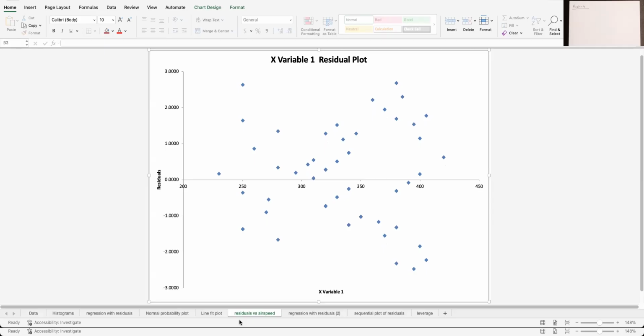These errors should be independent. There's a random chance of being up or down. If they made some sort of fan shape, whether that was going from left to right or right to left, some sort of expansion or contraction, the technical term for this is heteroscedasticity. I have never used that word outside of this one day in class. It literally means not uniformly scattered.